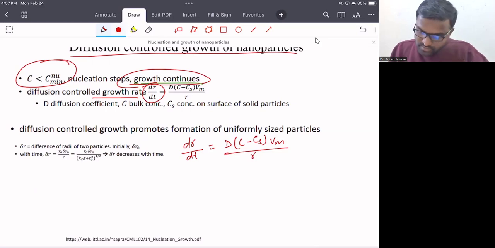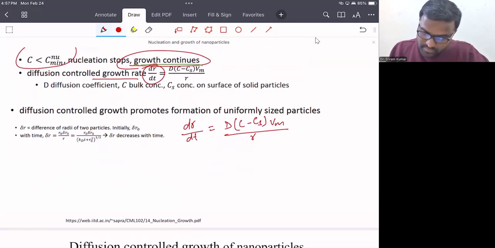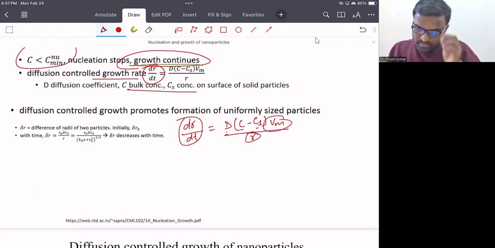In this equation, dr/dt is the growth rate of the nanomaterial, and this is the diffusion from the bulk to the interface. C is the bulk concentration, Cs is the surface concentration, Vm is the molar volume, and r is the size.